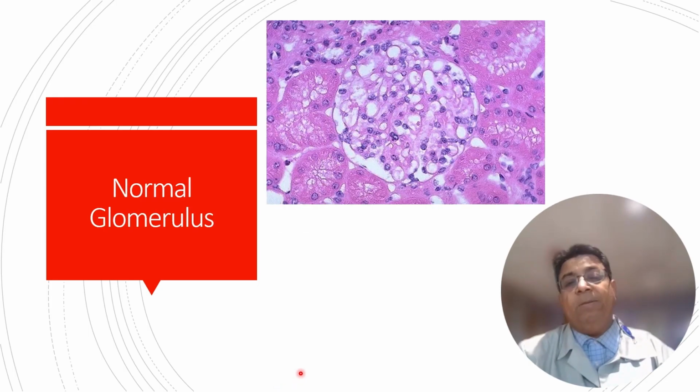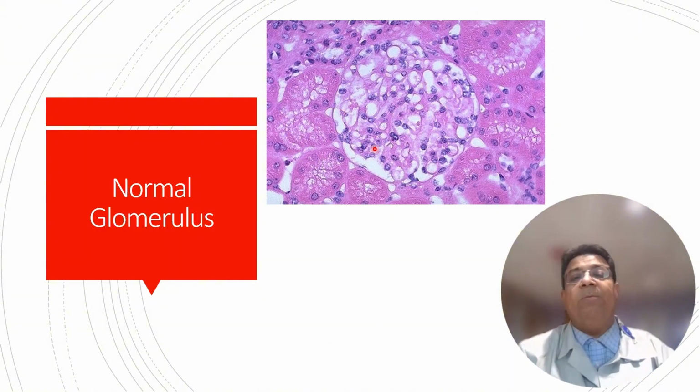This is a normal glomerulus, just to remind you what a normal glomerulus looks like. A lot of the definitions of kidney biopsy components that you'll see on biopsy reports have been defined in Board Review 5.